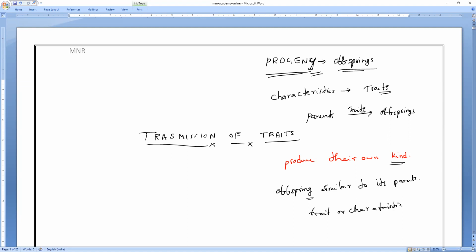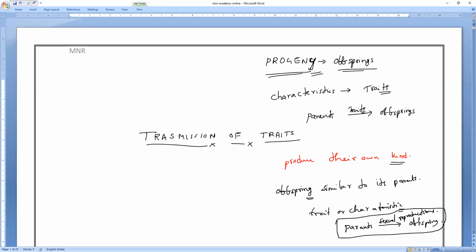What makes the traits or characteristics pass from parents to the offsprings during asexual reproduction or sexual reproduction? During sexual reproduction. So we are talking only about sexual reproduction. Everything about Mendel is purely sexual reproduction only.